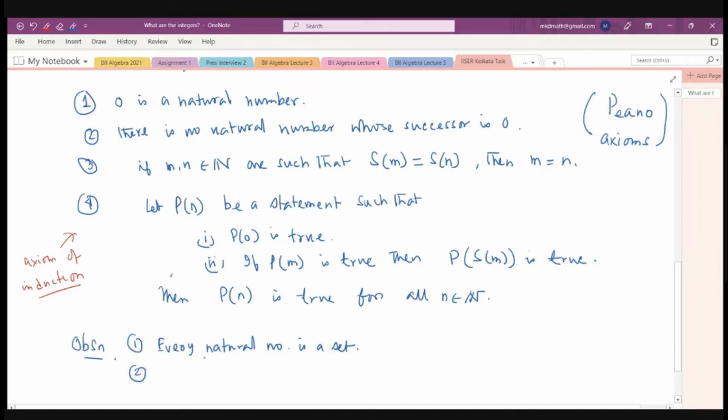And any non-zero natural number is the set of all its predecessors. So the one you told just right now, the 2 is basically the set 0, 1. If you go back and see that, that is precisely what is happening. 3 is the set 0, 1, 2.